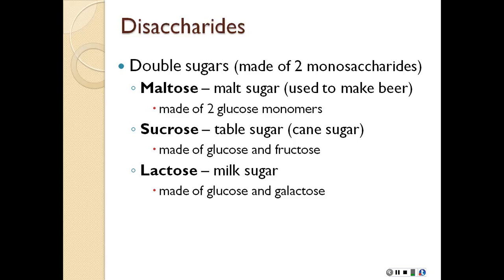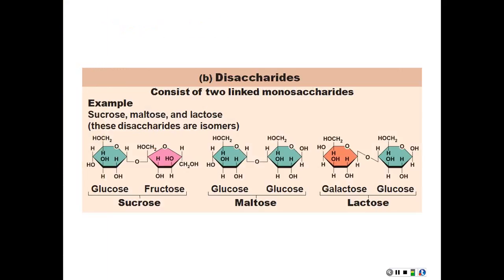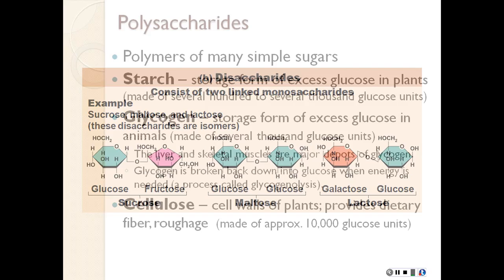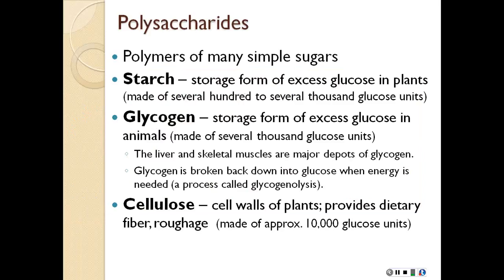Maltose is made of two glucose molecules bound together, and those are bound together by not hydrogen, but covalent bonds. And then you have galactose and glucose, which bond to form lactose. So those are the three disaccharides you should be familiar with. The polysaccharides are starch, glycogen, and cellulose.